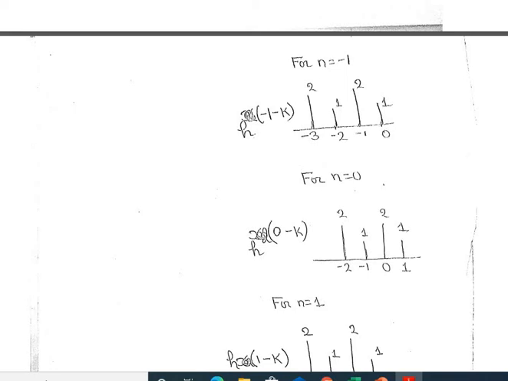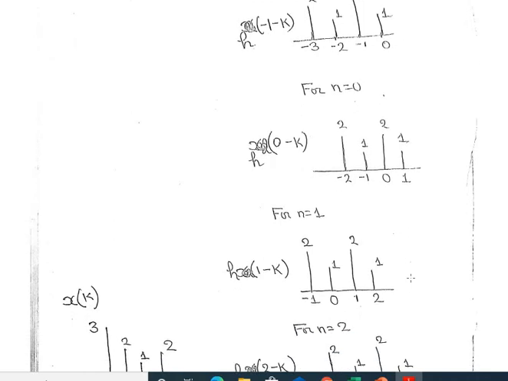When I am doing 1 plus here, minus 1 plus 1 will be 0. So that will give h of 0 minus k, and that time our sequence is going to be shifted to the right hand side by 1 unit, and hence the sequence starts from minus 2 and ends at 1.